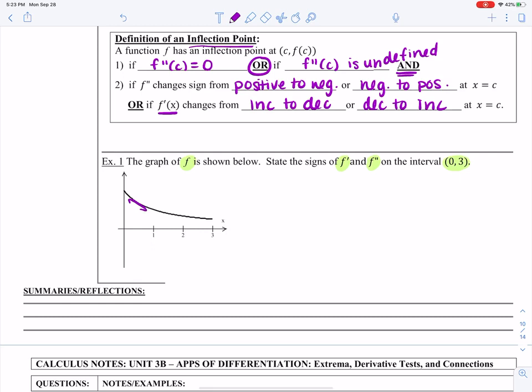Everywhere I would draw a slope on this graph appears to be negative, which would lead me to believe that the derivative is in fact negative on the interval from 0 to 3, because slopes are in fact negative.